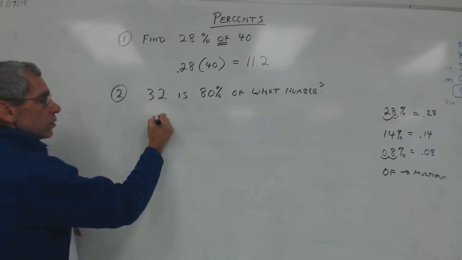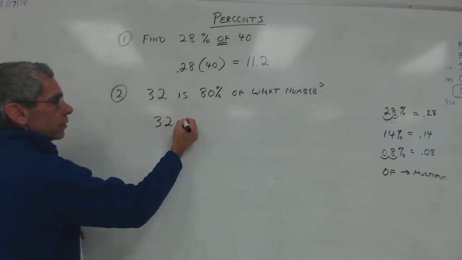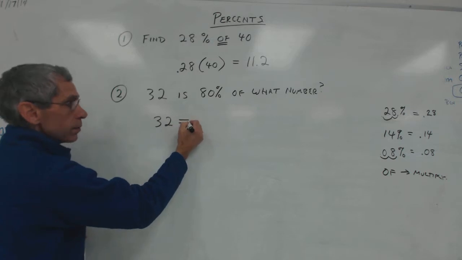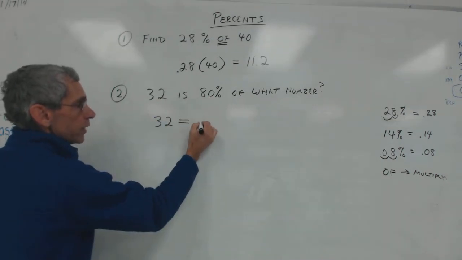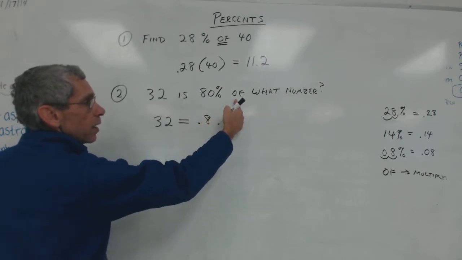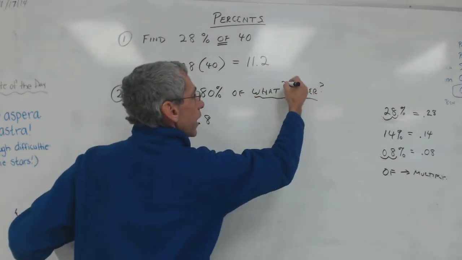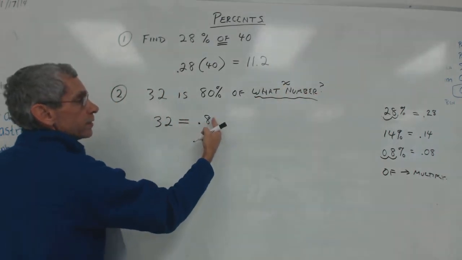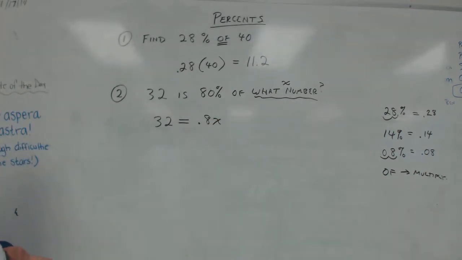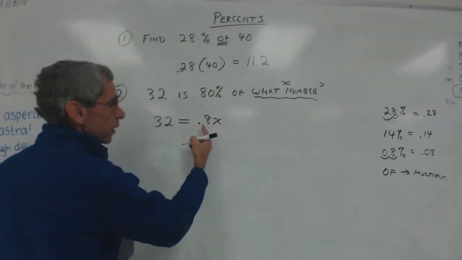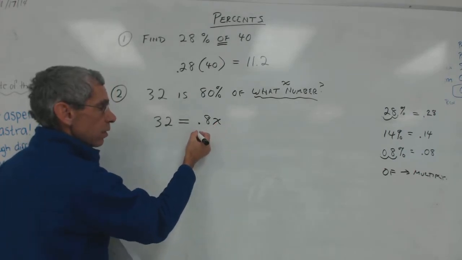So 32. What is "is"? Is equals. And then 32 equals 0.8 times x. We're going to call the number x. So 0.8 times x, which is 0.8x. Can I put that in parentheses? I can if I want, but since it's an x, I don't need to. It makes no difference.